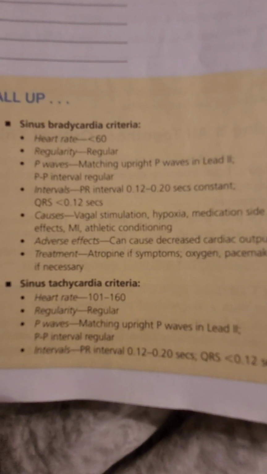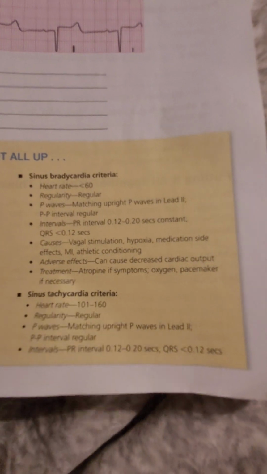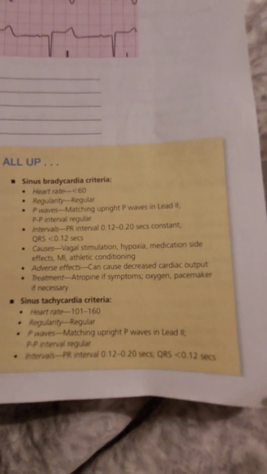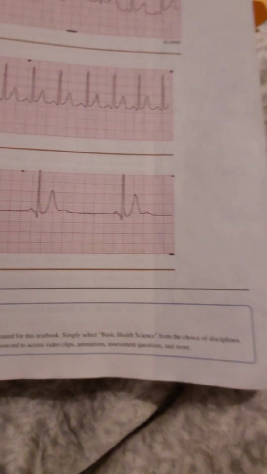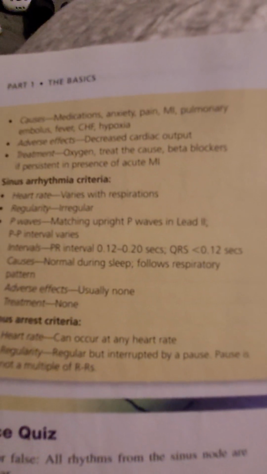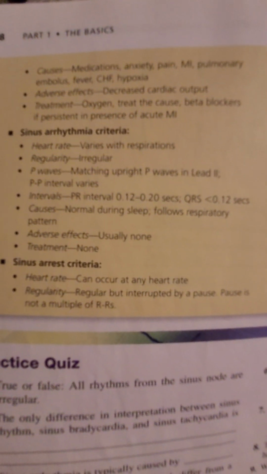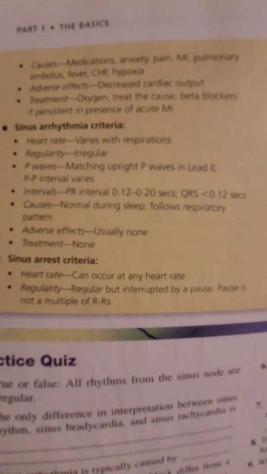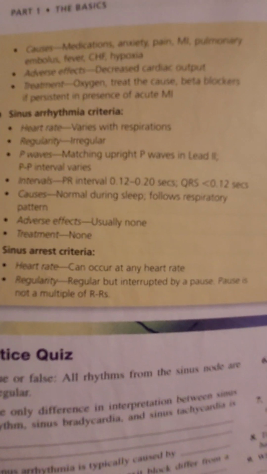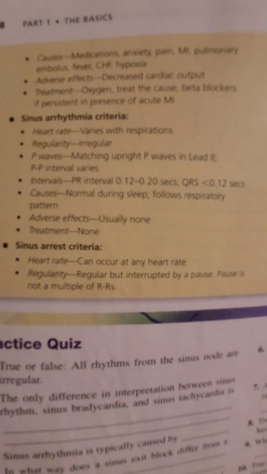You can always pause and take pictures and then write them down and then delete them. But remember to put in the notes about the QRS if it's bigger than usual. You'd call it either a bundle branch block or an IVCD, in capital letters, all of them.